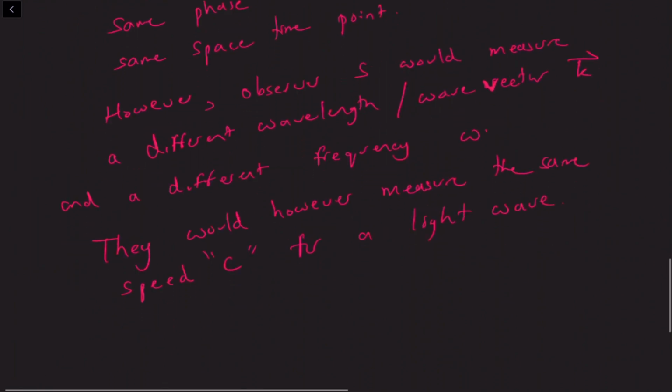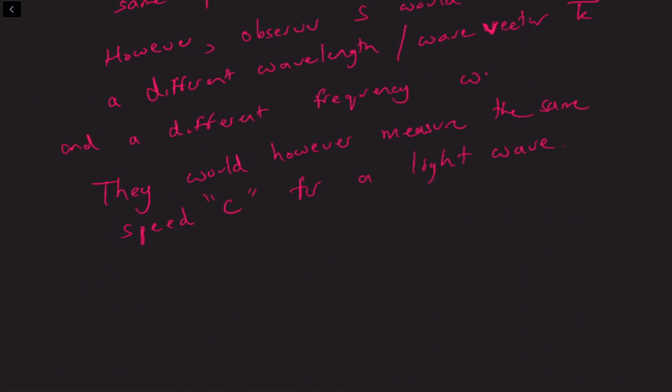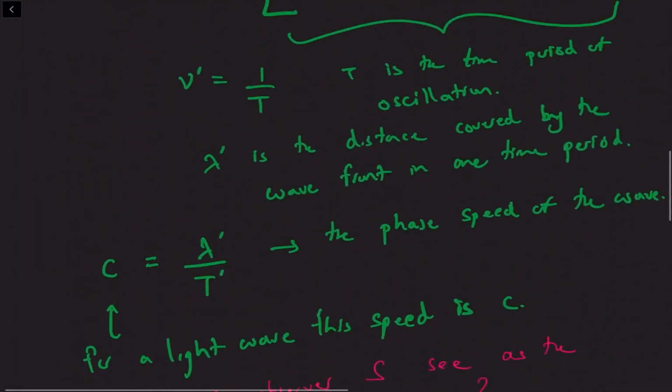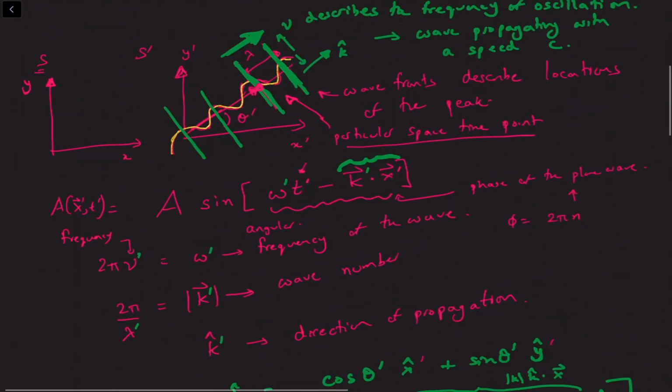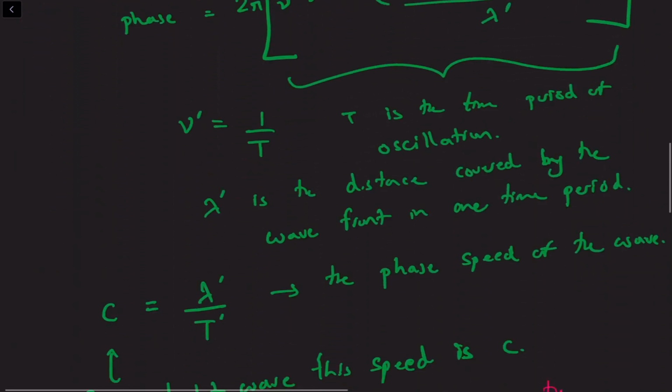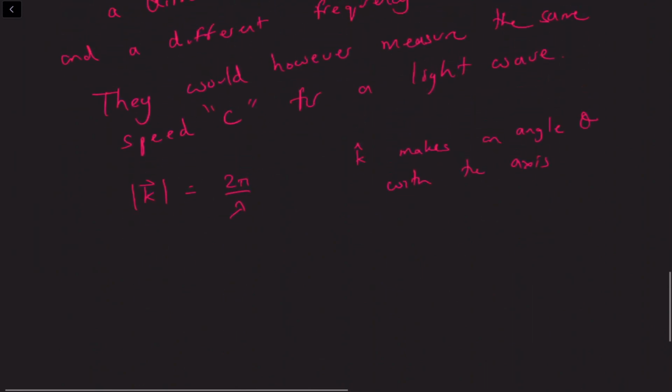Now, in the frame S, we will assume that the vector k bar has a magnitude 2 pi by lambda, where lambda is the wavelength measured in frame S, and the vector k hat, or the direction of propagation, makes an angle theta with the x-axis. Okay, so this angle theta need not be the same as theta prime, which is the angle made by the wave with the x-axis in the S prime frame.